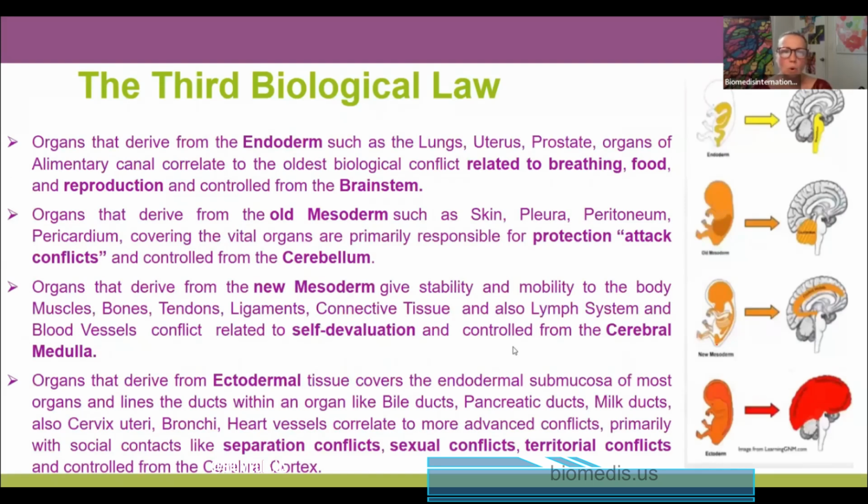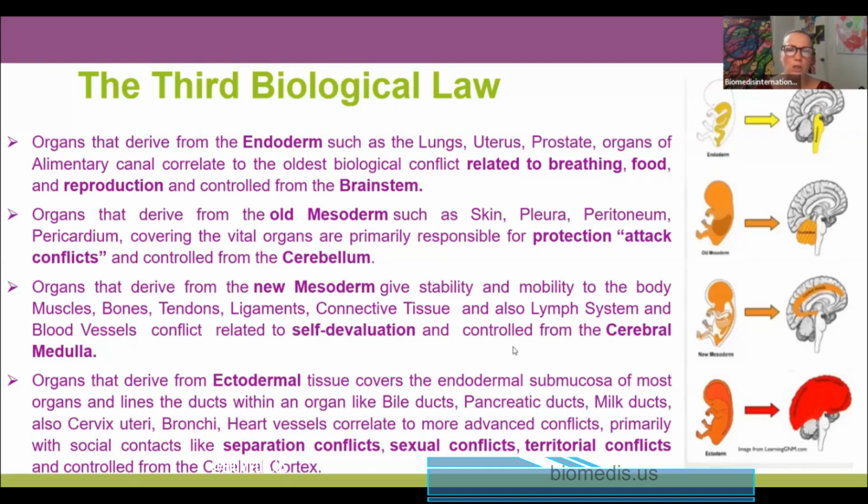Organs that derive from the endoderm, such as lungs, uterus, prostate, and organs of the alimentary canal, meaning from the mouth to the anus, all correlate to the oldest biological structure in our brain, the brain stem. The conflict will be related to breathing, food conflict, morsel conflict, or reproduction conflict.